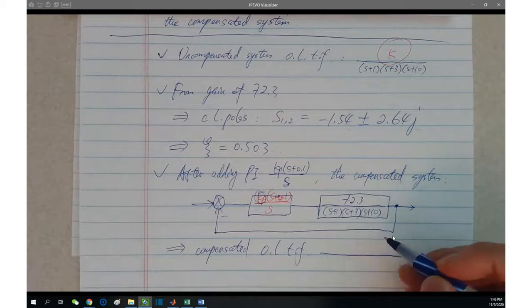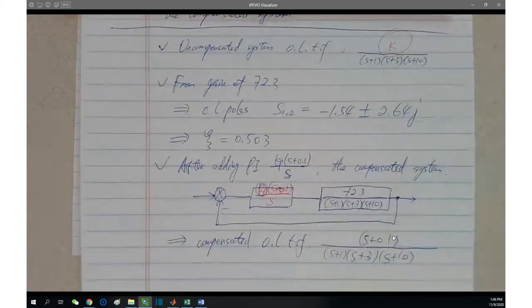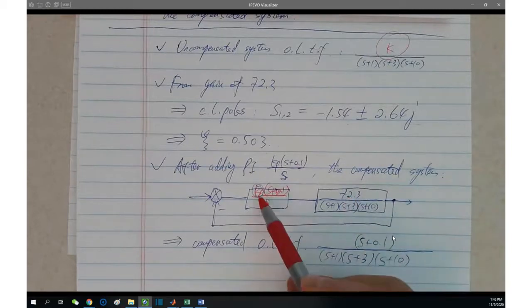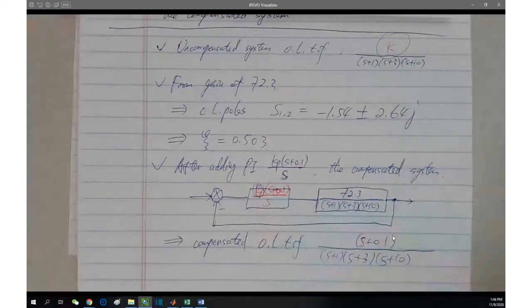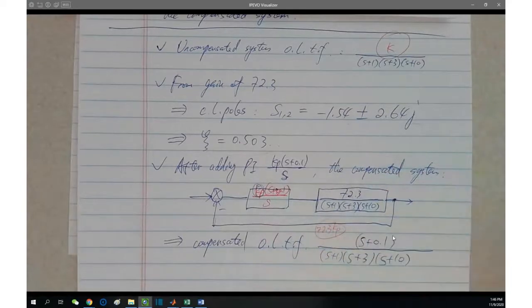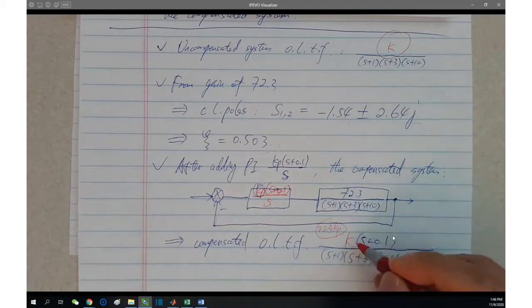And this time, how to find the root locus? You're using what? This new zero is here. Old 3 poles remain, obviously. The 72.3 and Kp, the product between them is the new gain, right? However, when we plot the new root locus, once again, we are neglecting them.